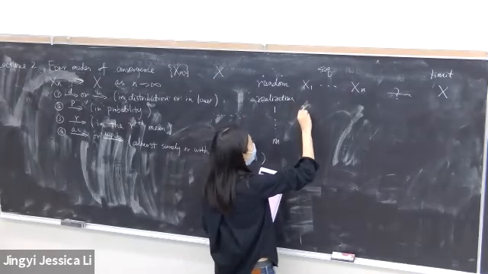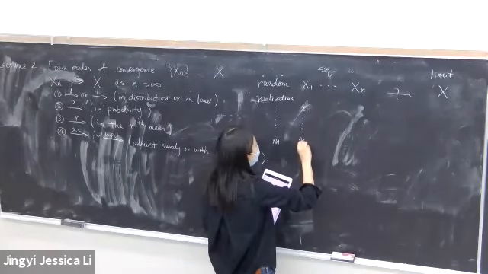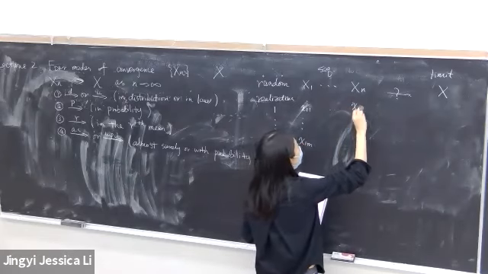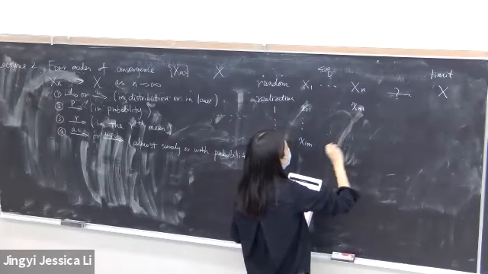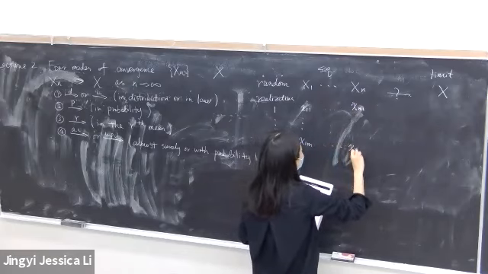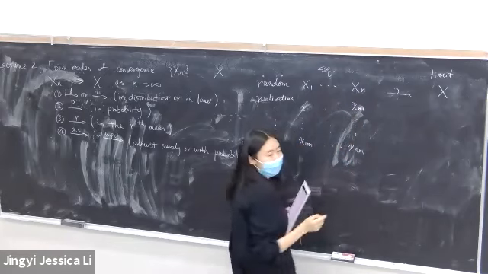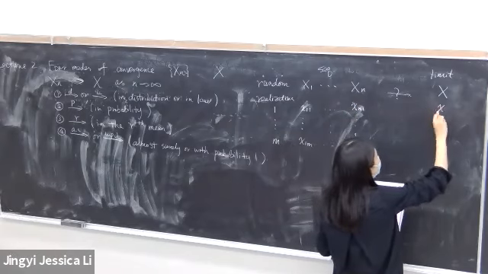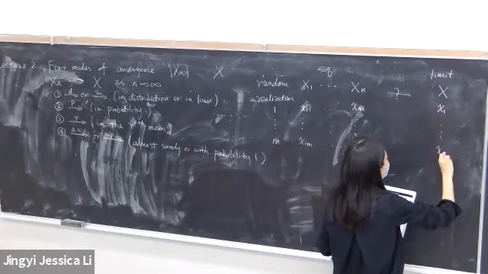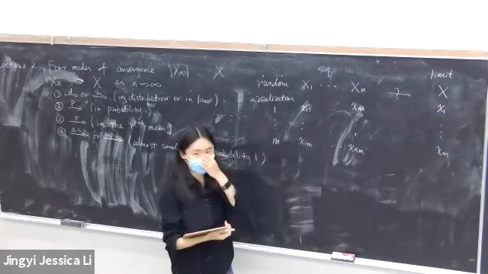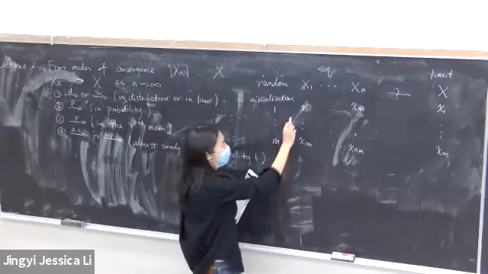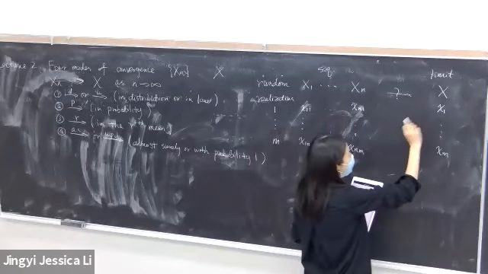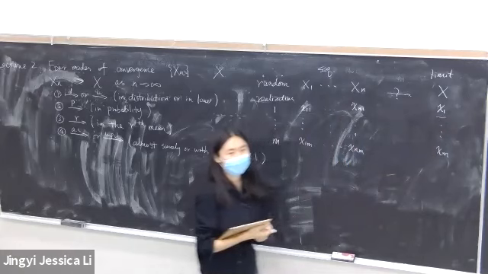So this one becomes x11 to x1n, this becomes xn1 to xnm. And the limit also has its own realizations, x1 to xm. So every realization gives me a sequence of numbers, and the limit as a number.